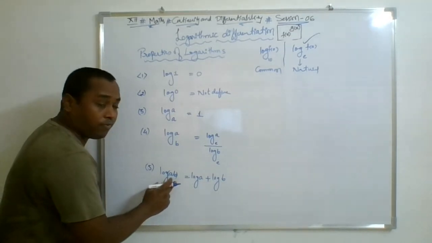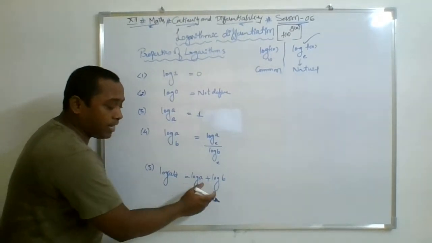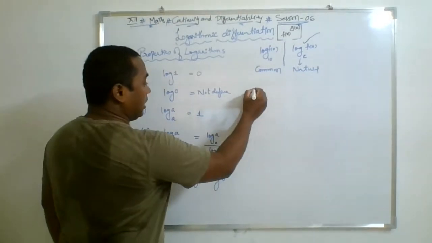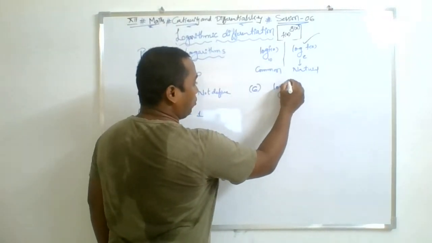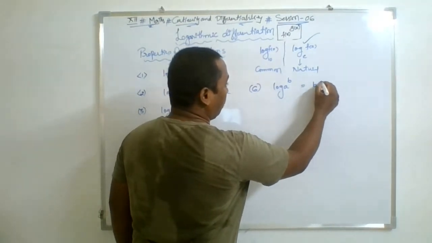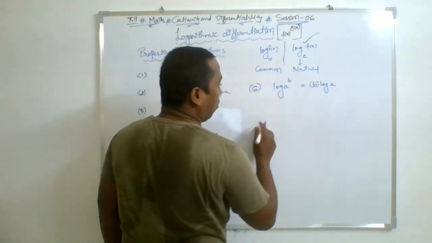So log of the product of two functions. It is the vice versa case. Left to right will apply, and right to left will also apply. And the sixth property is log of a to the power of b is written as b times log a. B times log a.